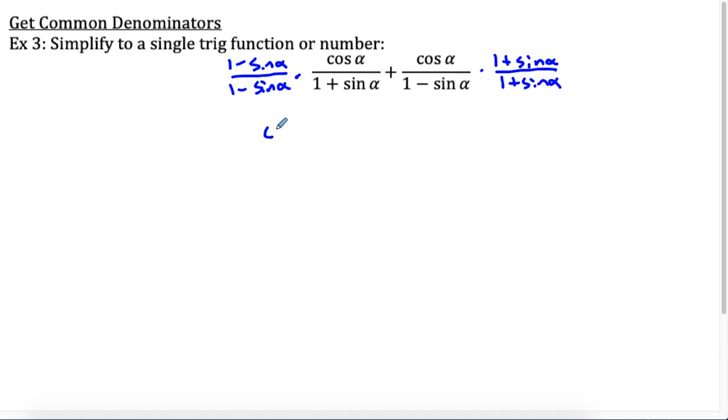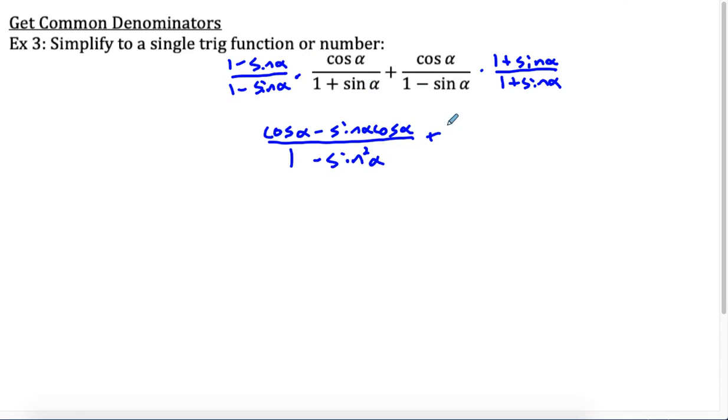I'm going to get cosine of alpha minus sine of alpha times cosine of alpha over, now if I multiply this denominator out, I'm going to end up with 1 plus sine minus sine. So I know those are going to cancel out, and then I'll be left with negative sine times positive sine, so minus sine squared of alpha.